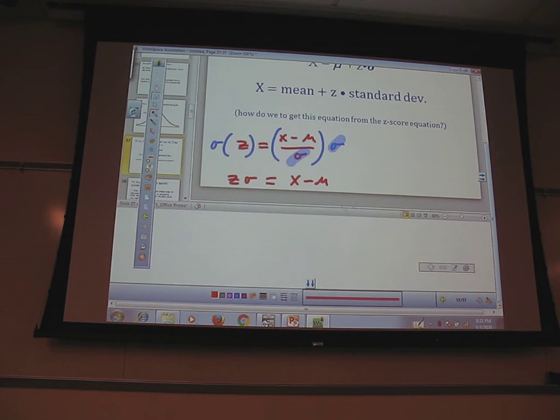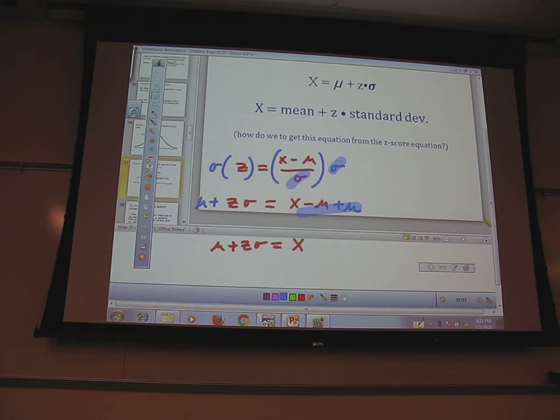And then I'm going to add mu to both sides. So then I'd end up getting mu plus z sigma equals x. Done. Because these two would cancel out. So that's where it comes from.